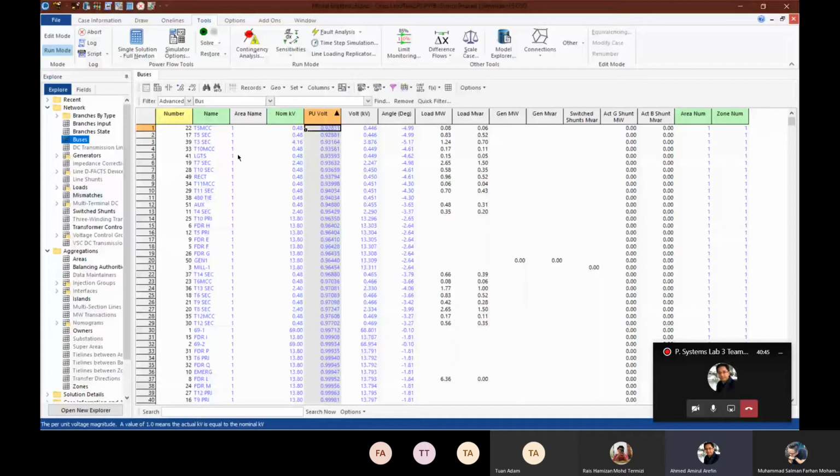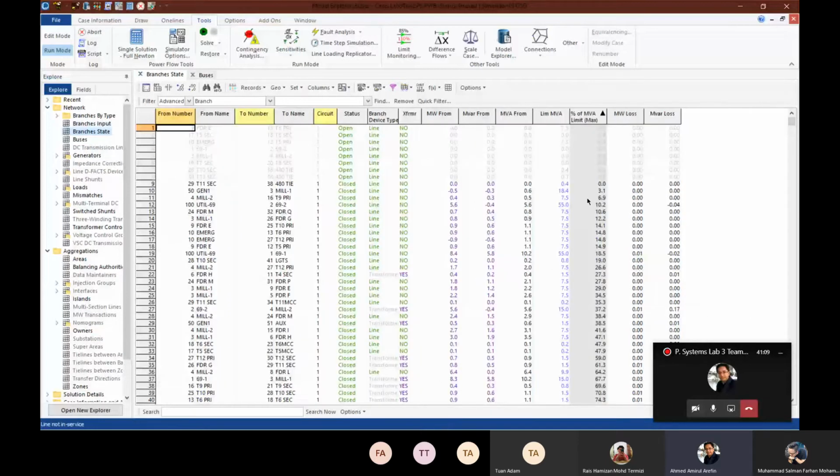Okay, so now let's check the loadings. What about the loadings? Is it okay or not? How can you see the loading? VA limit. Okay, so which one is the highest one? Which bus?